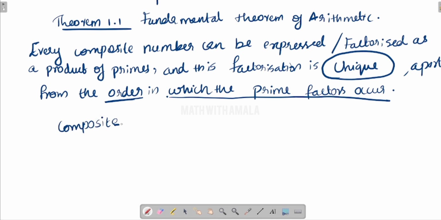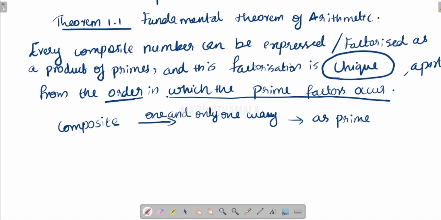Let's take a composite number. It has one and only one way to represent as a prime power product. So any composite number has only one way to represent as a prime power product. For example, let's take some prime numbers and multiply them: 2 into 3 into 5 into 7.